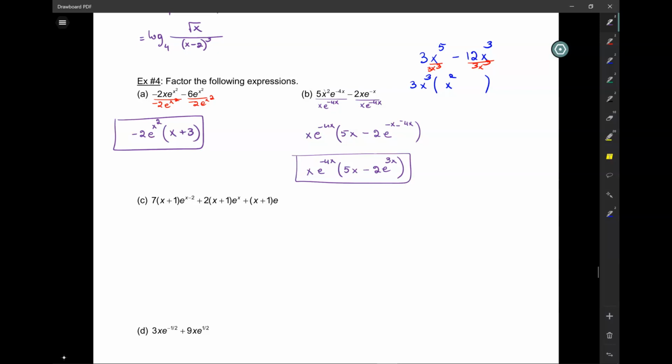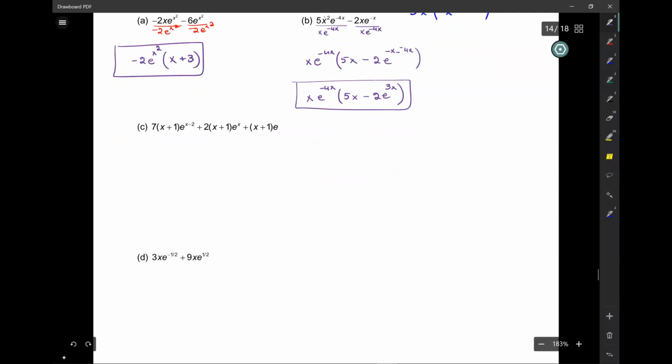Okay. Next one. Here, typo all the way to the end. We're going to make that an e to the x plus 1. No coefficients to factor out. I can factor out an x plus 1 though, right?